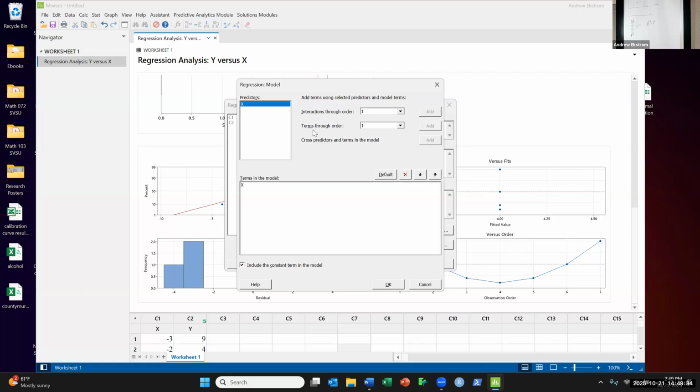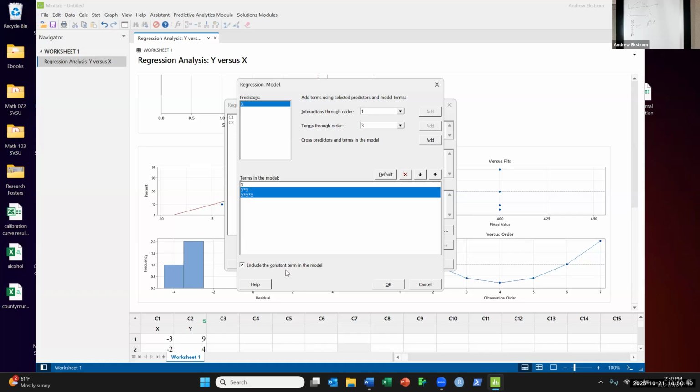But you should see something that says terms through order. I'll up it all the way to the 3rd order just so we can see what's going on. Then I need to click Add. And what has just happened is Minitab has automatically added a quadratic term as well as a cubic term to the model.